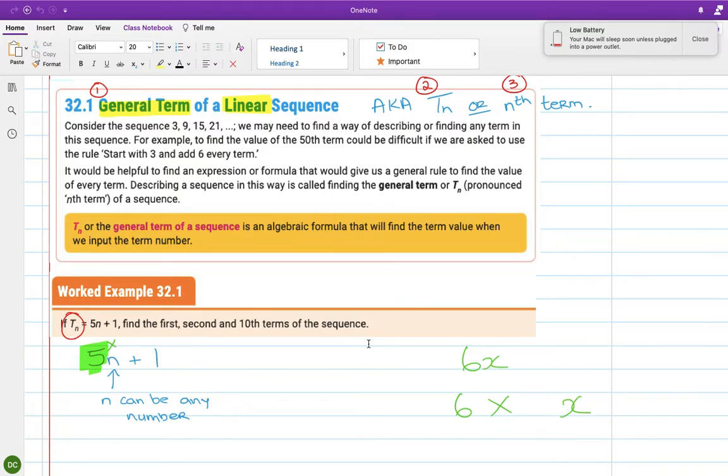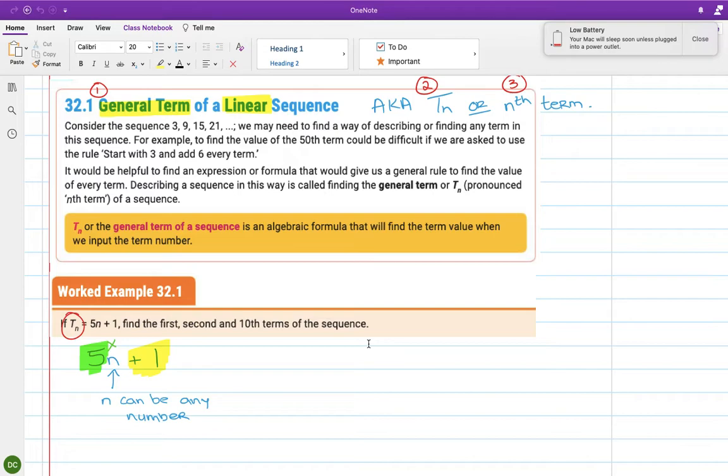Or you can do 8n, and that means 8 multiplied by n. So when a number and a letter are just stuck together, it means multiply. So what this rule says is take any number, multiply it by 5, and then, that's quite straightforward, add 1.